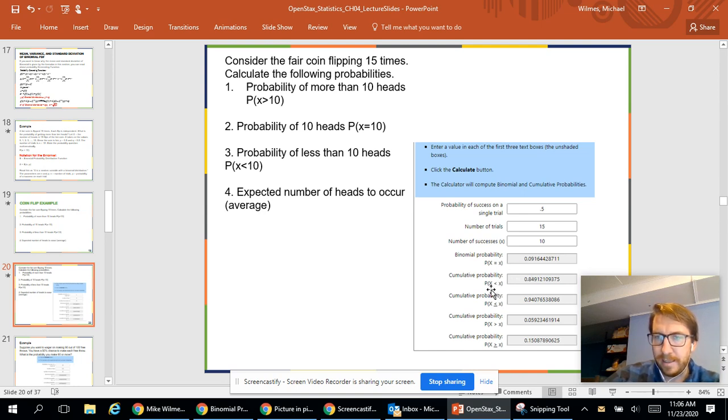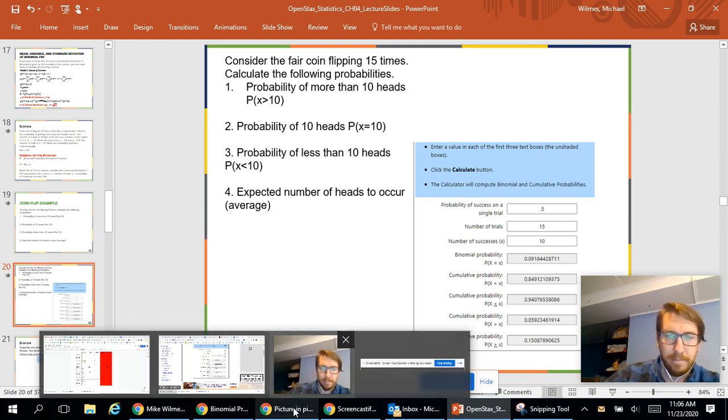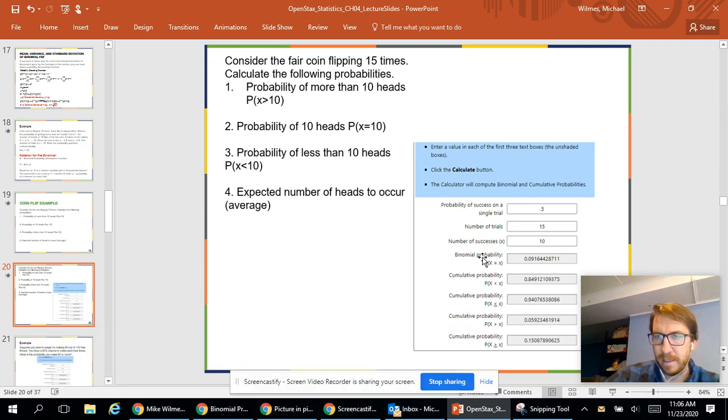The chance that we're less than that 10 is pretty common, 0.849. So if we think about our Plinko example, it was common to be to the left of that 10 spot. Less than or equal to that 10 is slightly bigger because that includes the 10. And the chance of being bigger than the 10, 0.059.